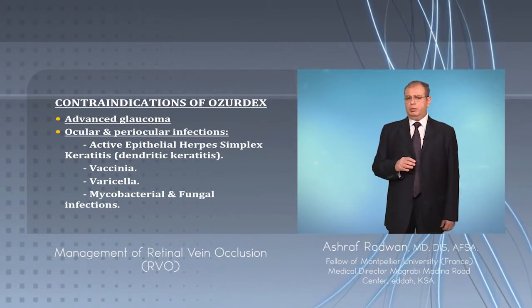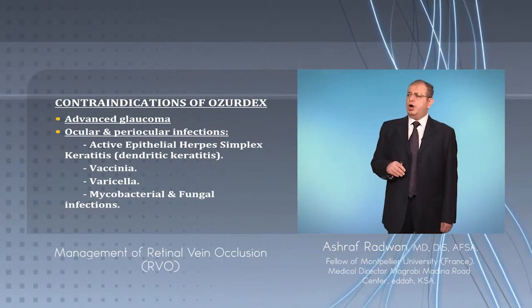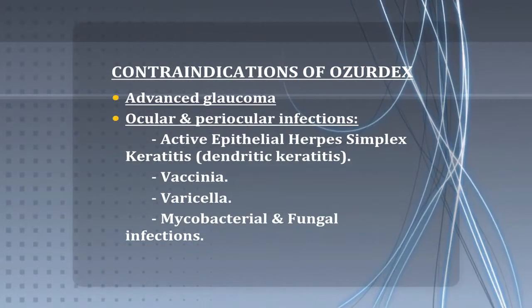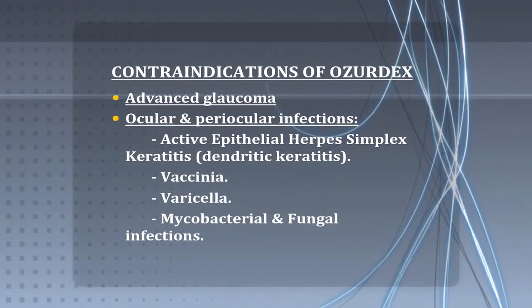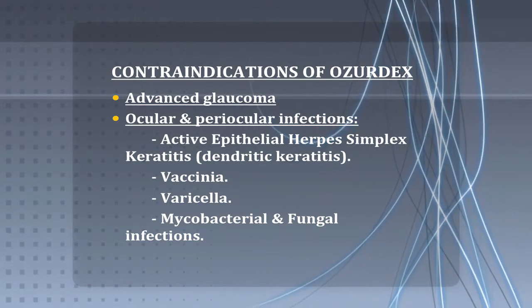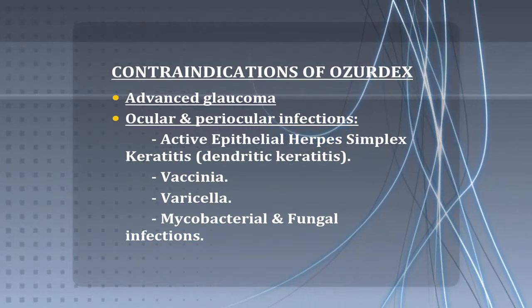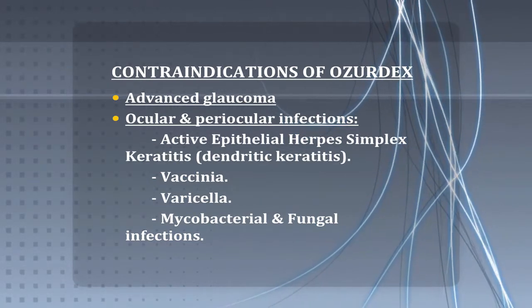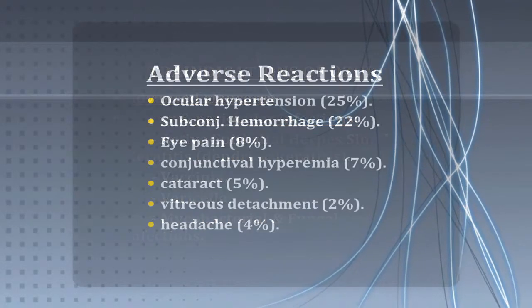It is totally and completely contraindicated. Ocular and periocular infections like active epithelial herpes simplex keratitis or dendritic keratitis, vaccinia, varicella, mycobacterial and fungal infections represent definite contraindications for the use of Ozurdex.